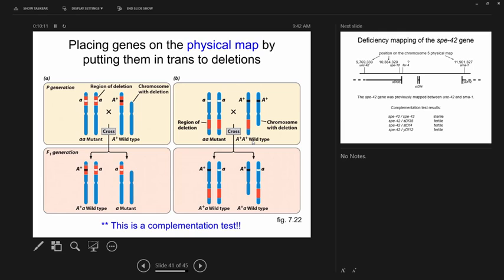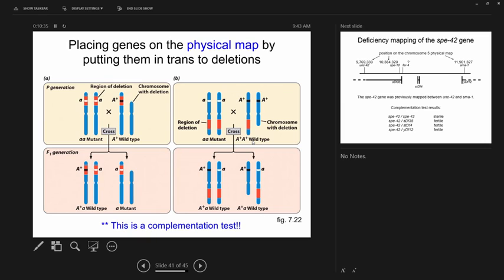So we're not asking, is this new mutant an allele of gene A or is it an allele of another gene? We're asking, is the mutant A somewhere within this red box or not, meaning somewhere else? So here we're showing gene A actually being within the deletion.